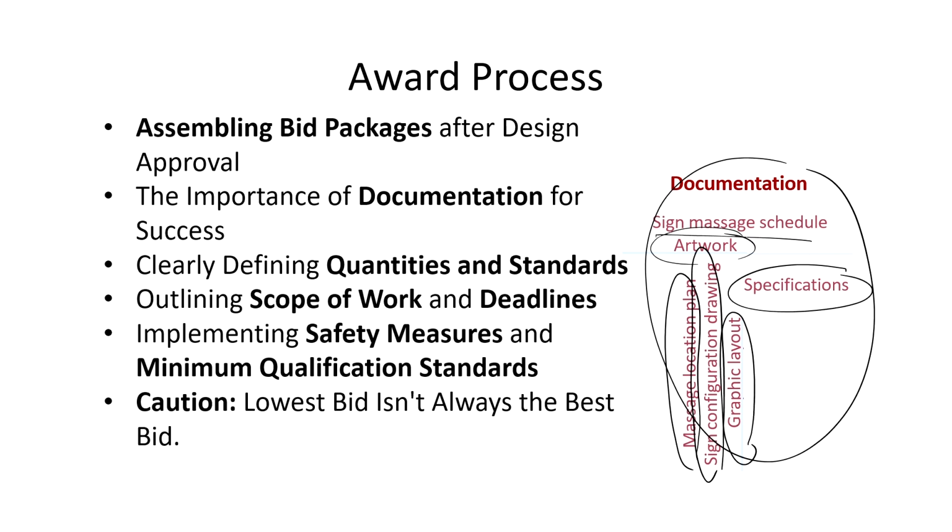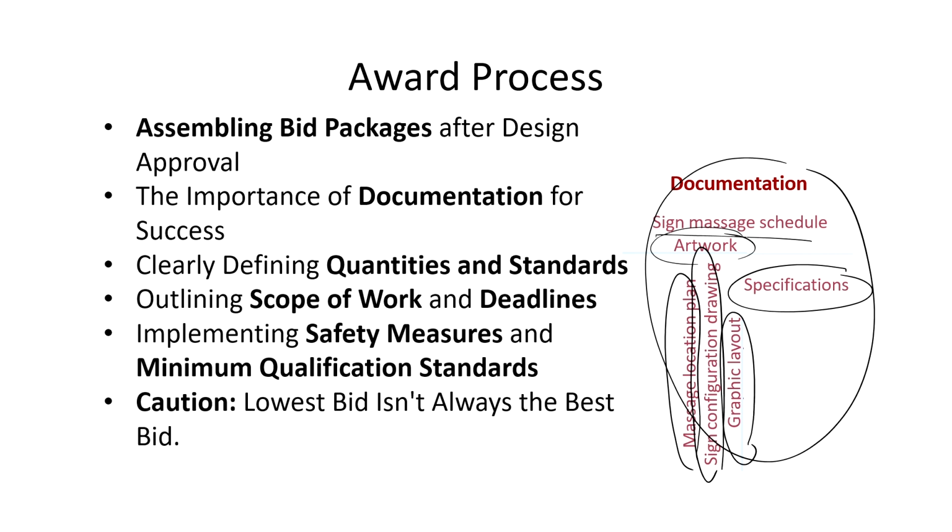We also have to clearly outline the scope of the work and deadlines, which is essential for project management. This helps both the project team and the contractor to understand their responsibilities and assures that work is completed on time.